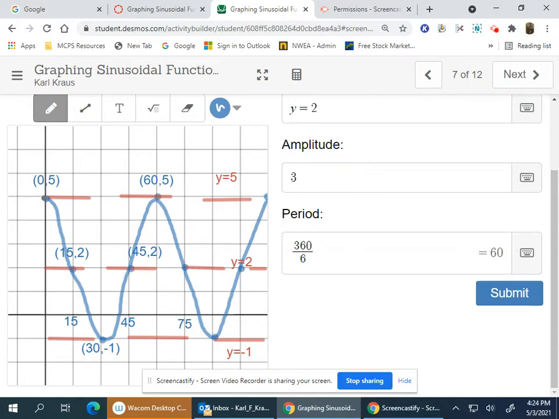Then I found my points by going to maximum, minimum, halfway between 0 and 30 on the midline, halfway between 30 and 60 on the midline. So this first one is just one period of the cosine curve. I would expect you to at least do 1 cycle or 1 period.